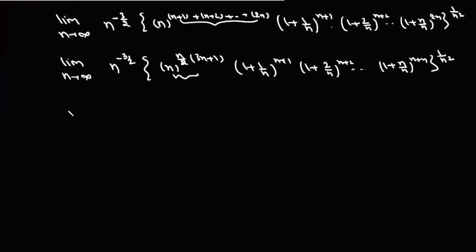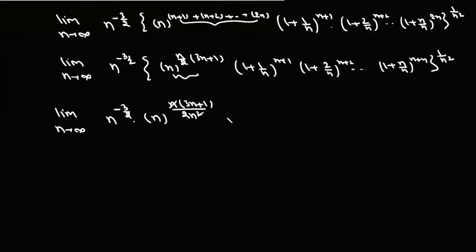Now what we'll do is take this out of this bracket, then we can write this as the limit n tends to infinity, n to the power minus 3 by 2, and here will be n to the power n into 3n plus 1 by 2, and we'll also have this n square.